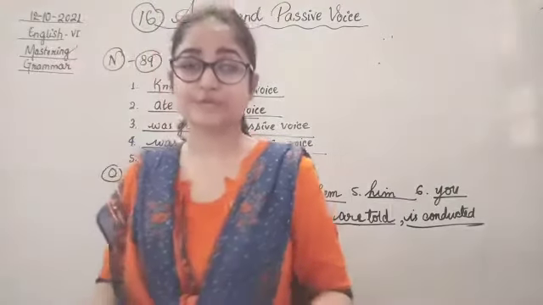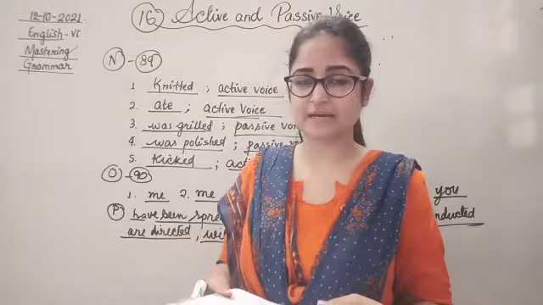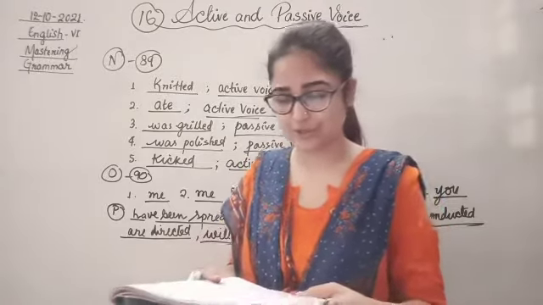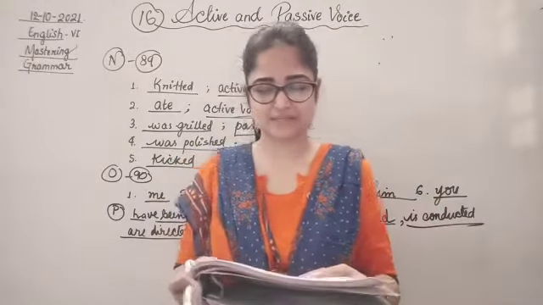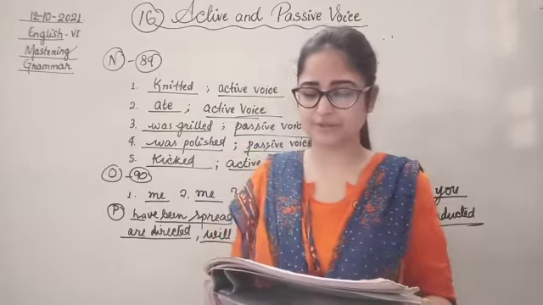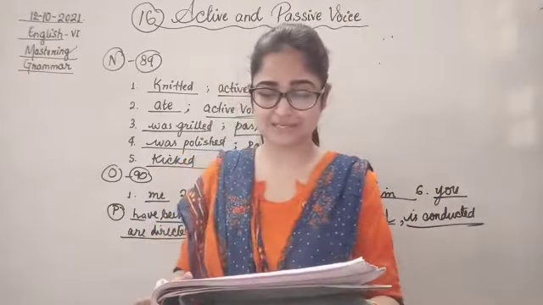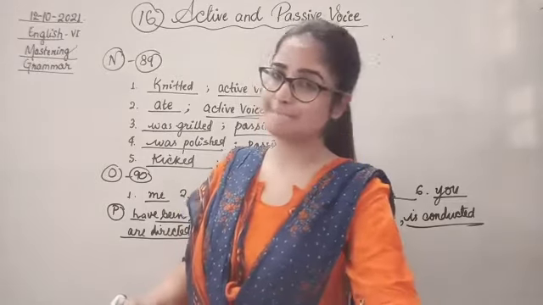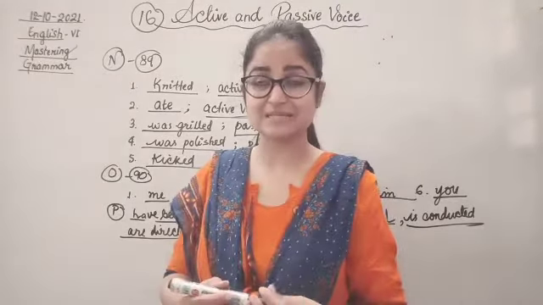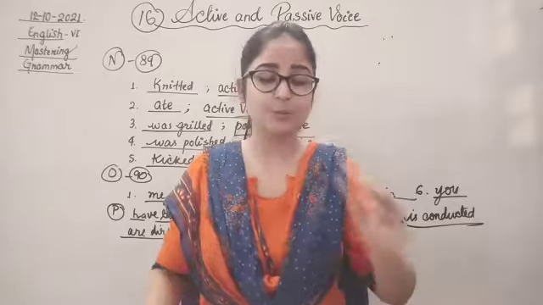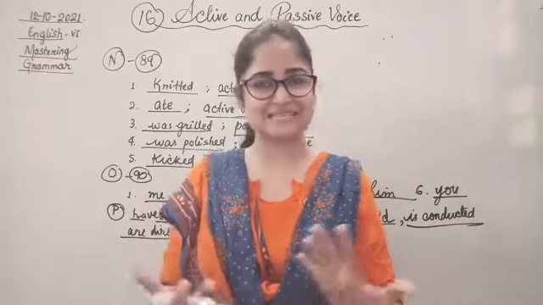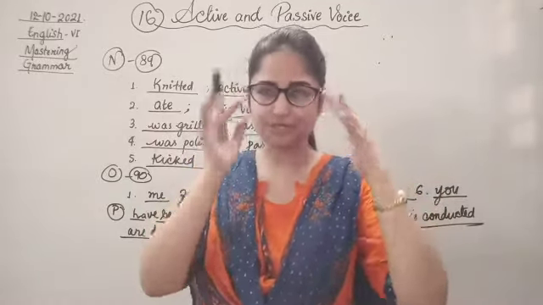Okay. So we are done with this exercise, and now let's move ahead with exercise Q. Read the following sentences and state whether they are in active voice or passive voice. Change the sentences which are in active voice to passive voice. So we have to identify the sentence, and when we find that any sentence is active voice, we have to change it into passive voice.